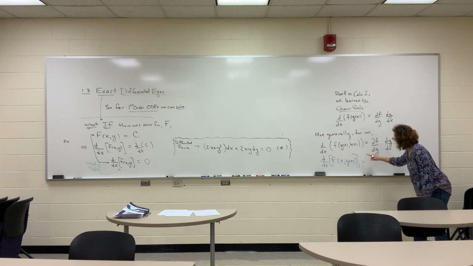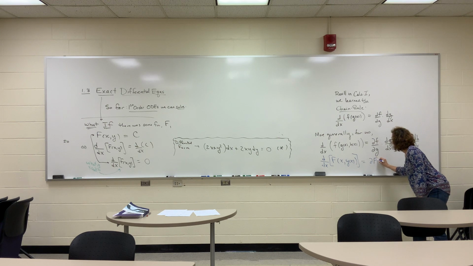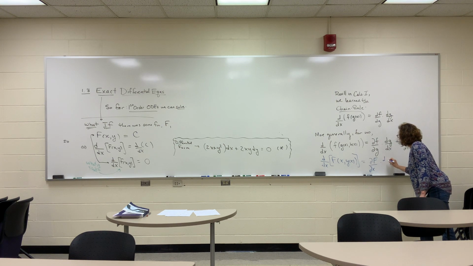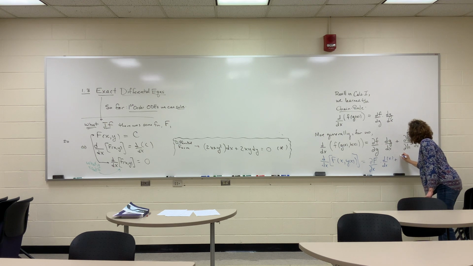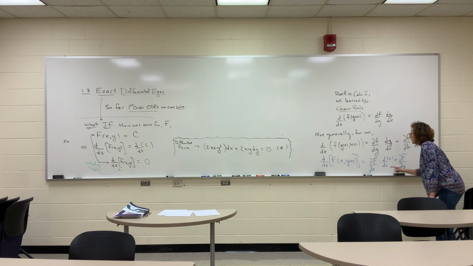I get the partial derivative of capital F with respect to little x, times the derivative with respect to x of that function, which is just x, plus the partial derivative of capital F with respect to y, partial f partial y, times the derivative of this function with respect to x, which is the ordinary derivative dy dx.